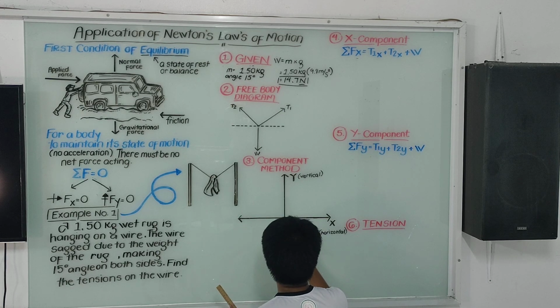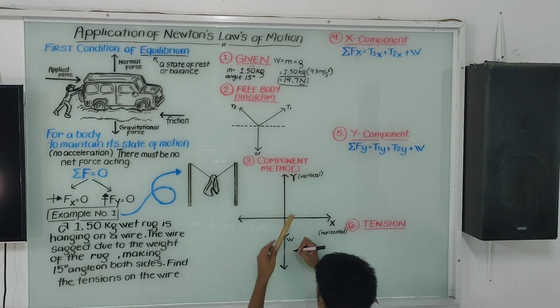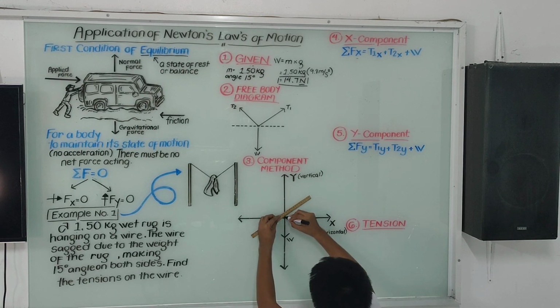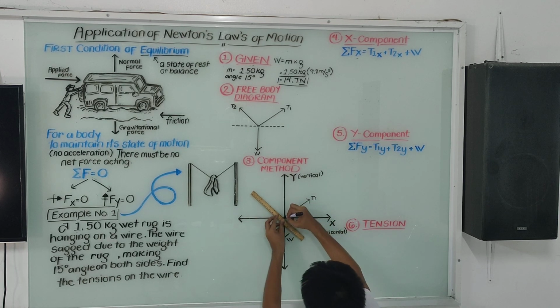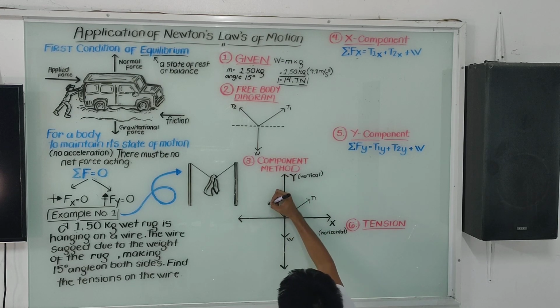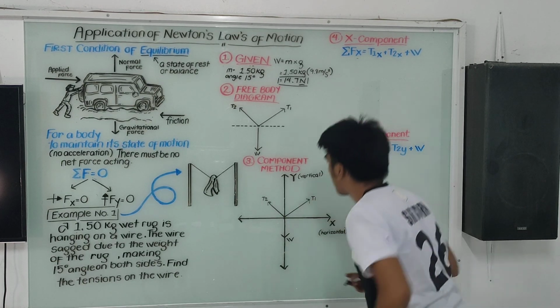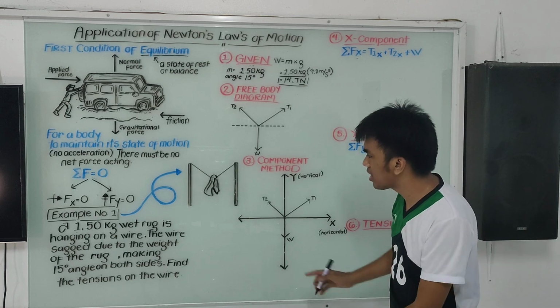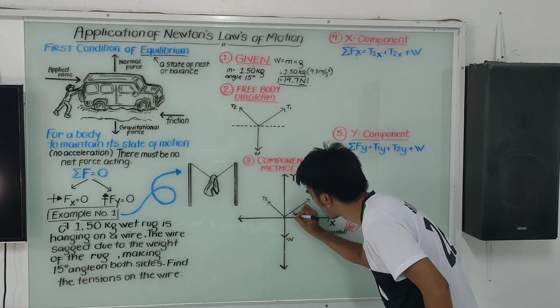So this will be our weight, and then this is our tension 1, and this is tension 2. This diagram or this method is not complete, so we need to include the angle.